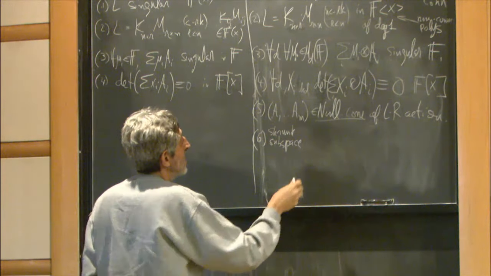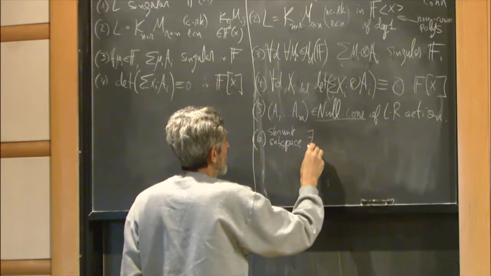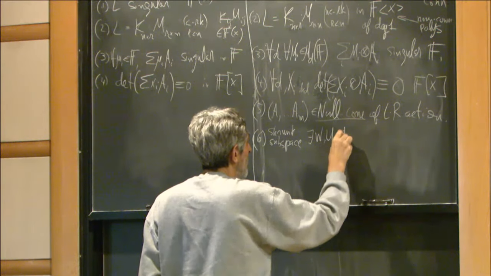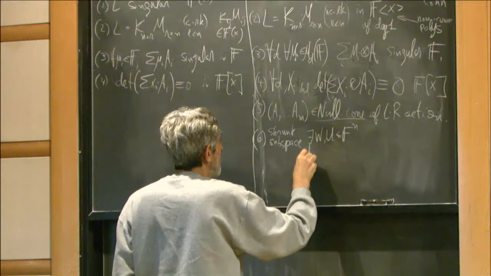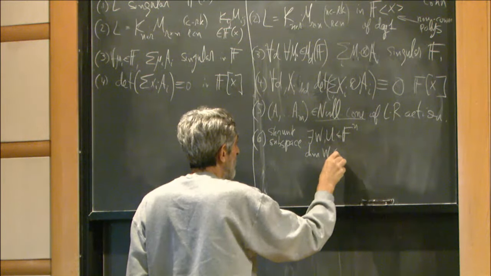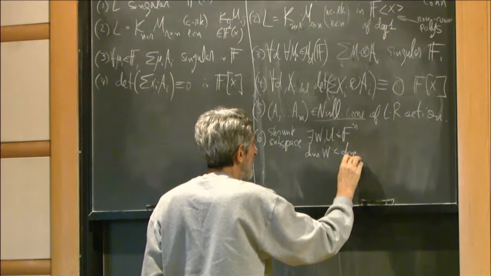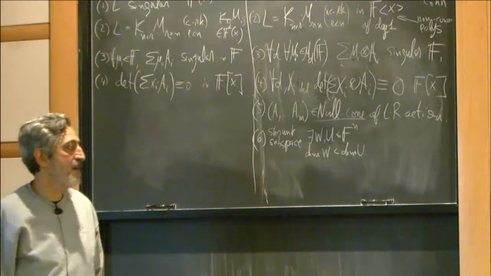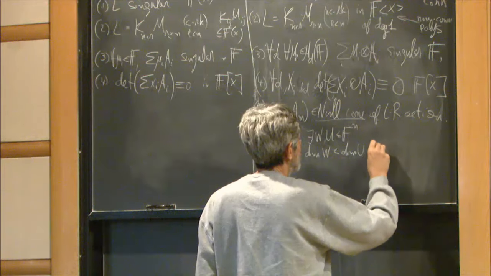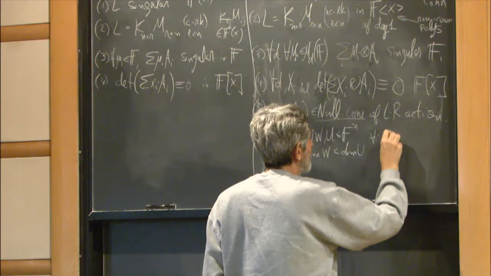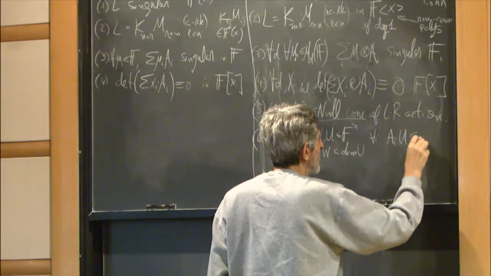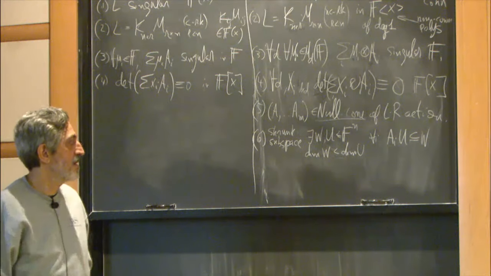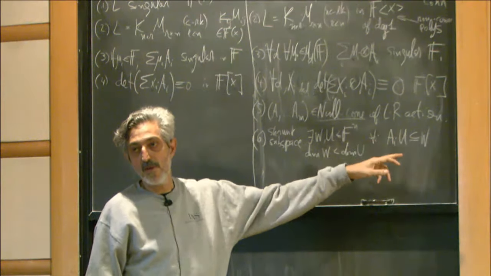Or rank decreasing is you want that there will exist, so it's singular if there exist two subspaces U and W in F to the n, with dimension of W strictly smaller than the dimension of U, so that every one of these A_i, and therefore every one in the linear span, sends U to W, so that for all i, A_i U is contained in W. Okay, all these matrices send U to W.